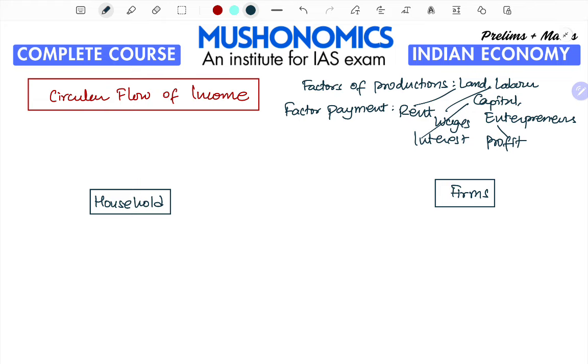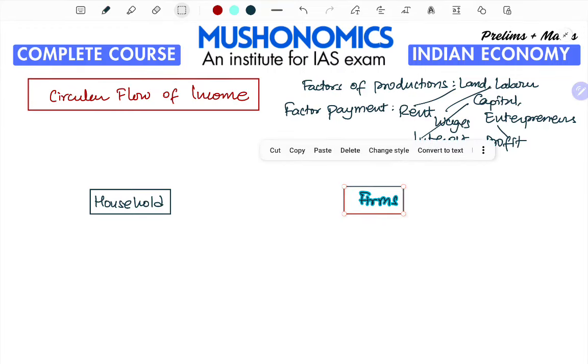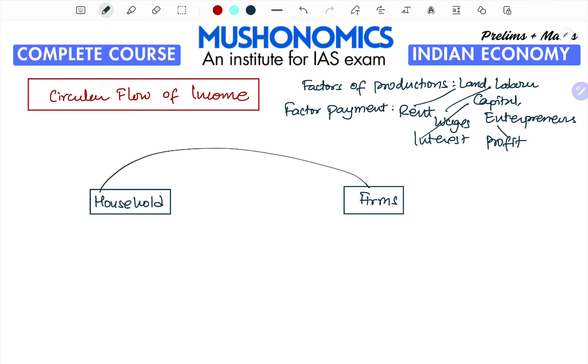So household and firms are having a relation like what? We can take it here. Household is providing what? You can see clearly, household is providing land, labor, capital, and entrepreneurship.